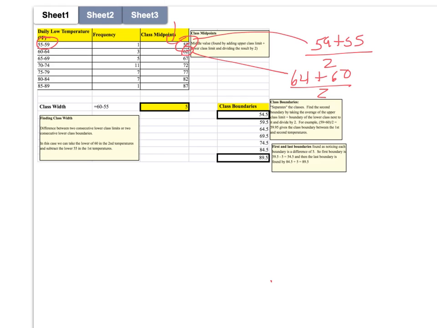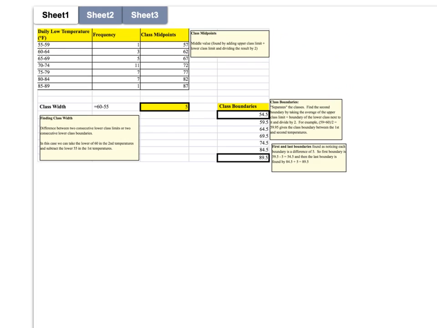Now, most students struggle the most with the class boundaries, and it has a lot to do with missing the lower and the upper. So a class boundary just simply separates the classes.